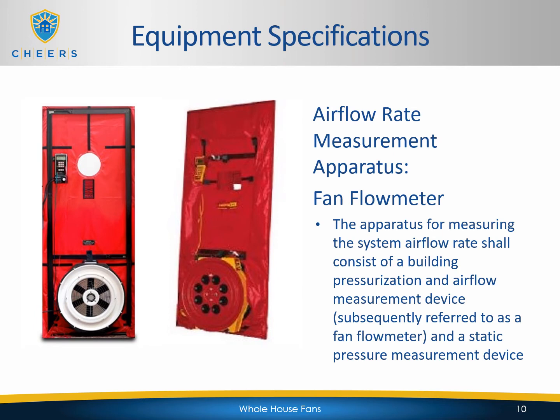And so what we're going to do is use this to depressurize the house to the same value, the same pascals as what is required for the whole house fans to operate at, which is a negative 10 pascals. So we're going to do that to measure the CFM that the fans are moving at that pressure and record those results.